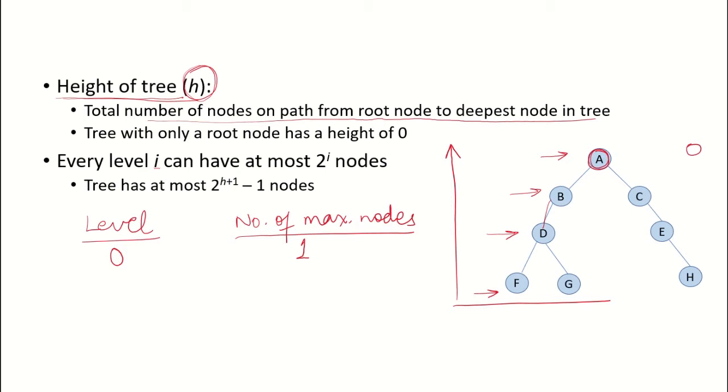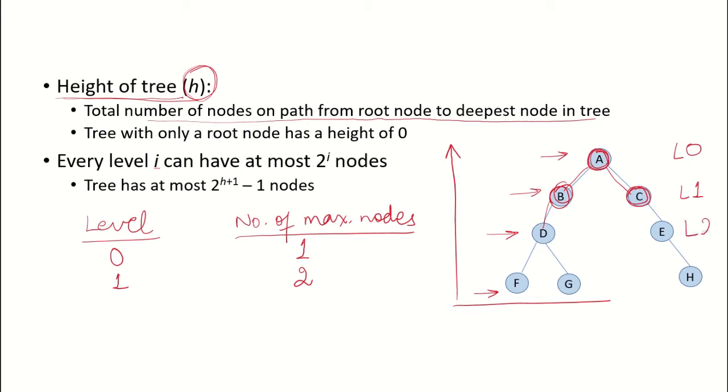If we talk about level 1, then there can be only 2 nodes, because the root node can have at most 2 children. So at level 1, only 2 nodes maximum can be present. Note that this is a binary tree and each node can have a maximum of 2 children.